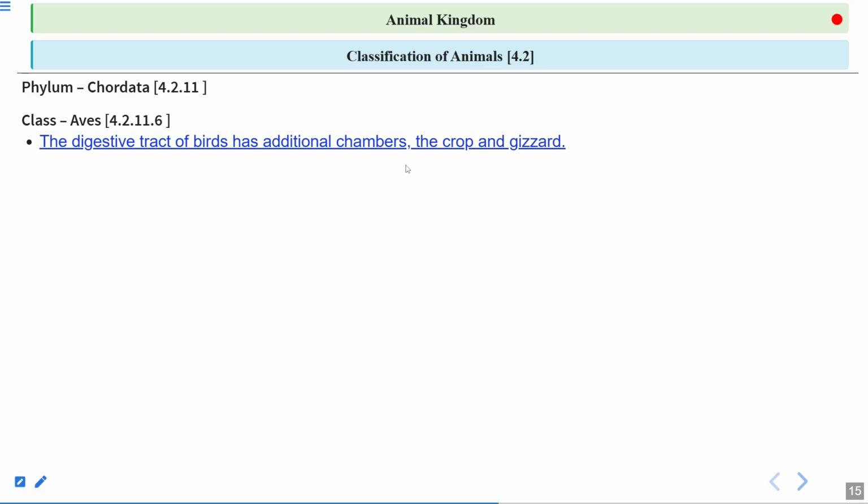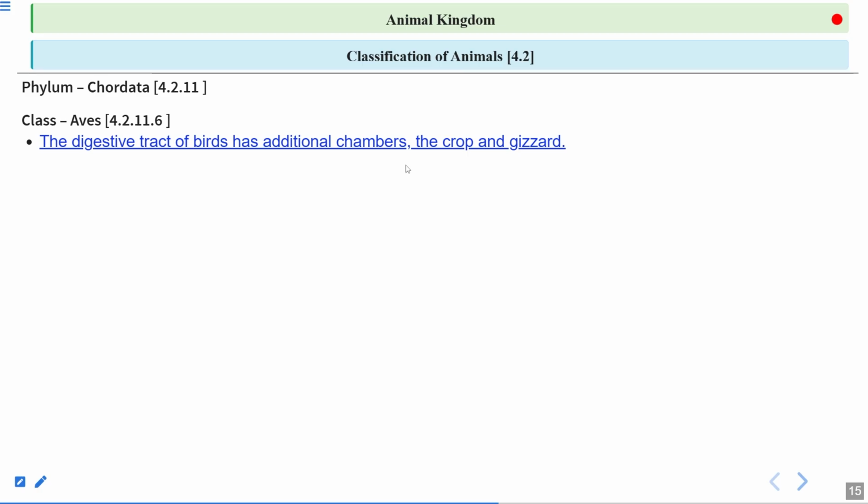So in the crop region, they store all the seeds, right? And the gizzard is such a modified part that when the seeds stored in the crop reach the gizzard region, they get crushed there and become a paste-like substance, right? So for the type of food they eat, the crop and gizzard got modified.